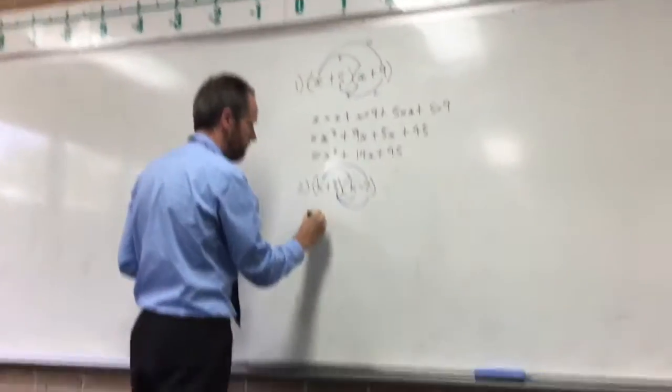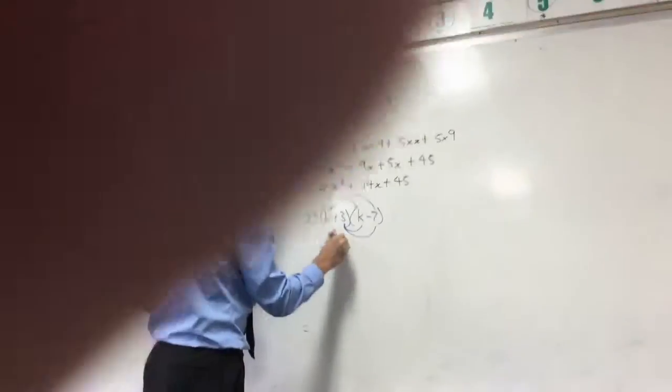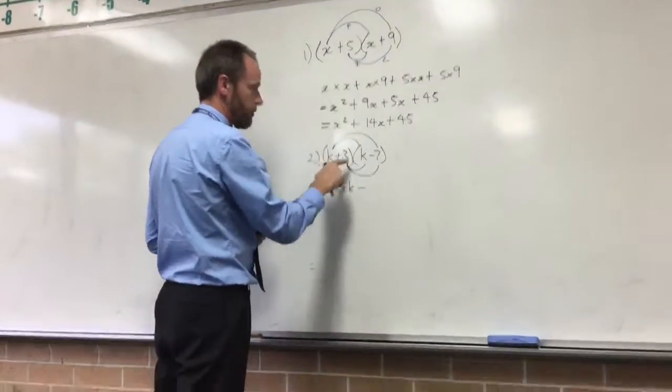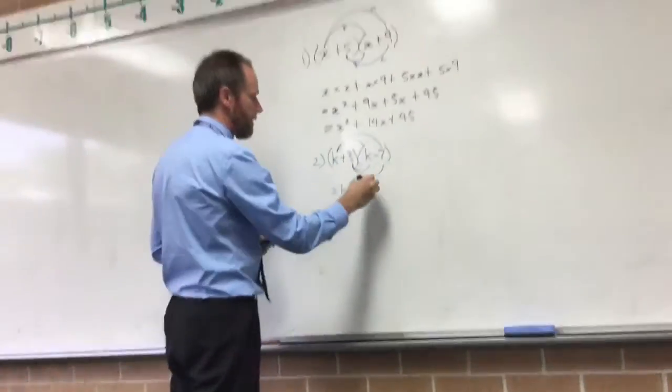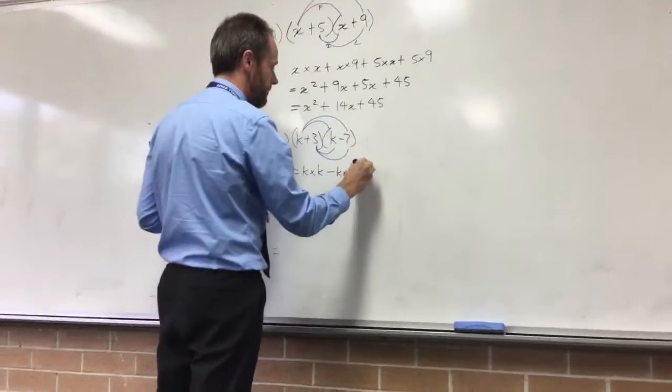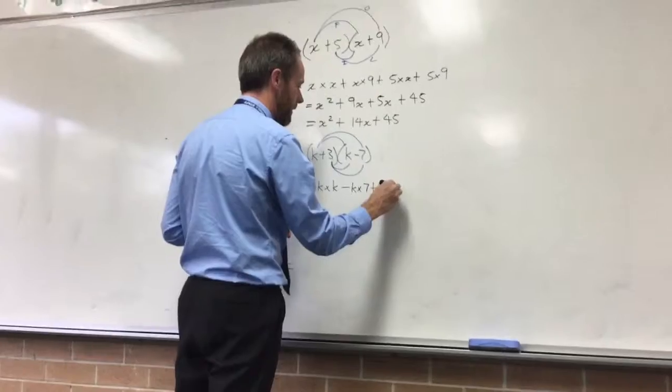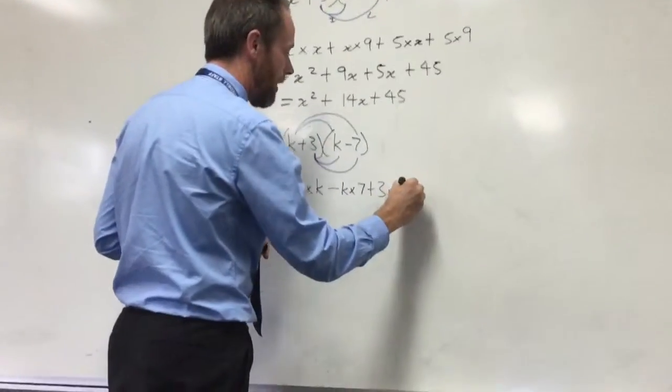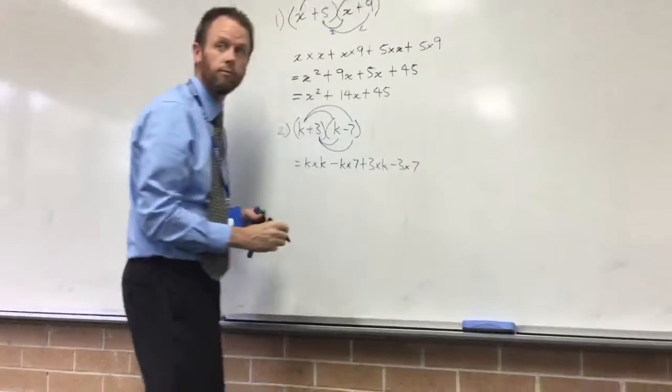K times K, minus, because it's going to be minus 7, K times 7, plus my inside terms, 3 times K, minus 3 times 7.